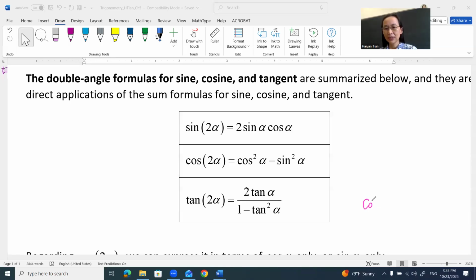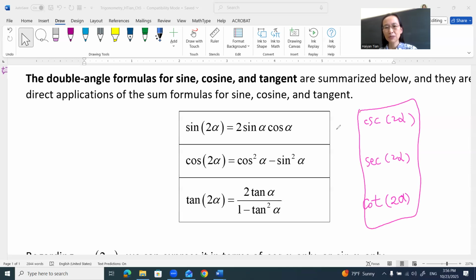If you know the tangent, what is the double angle identity of cotangent? What is the double angle identity of secant? What is the double angle identity of cosecant? The reason we do not provide 6 formulas is because we have reciprocal properties.